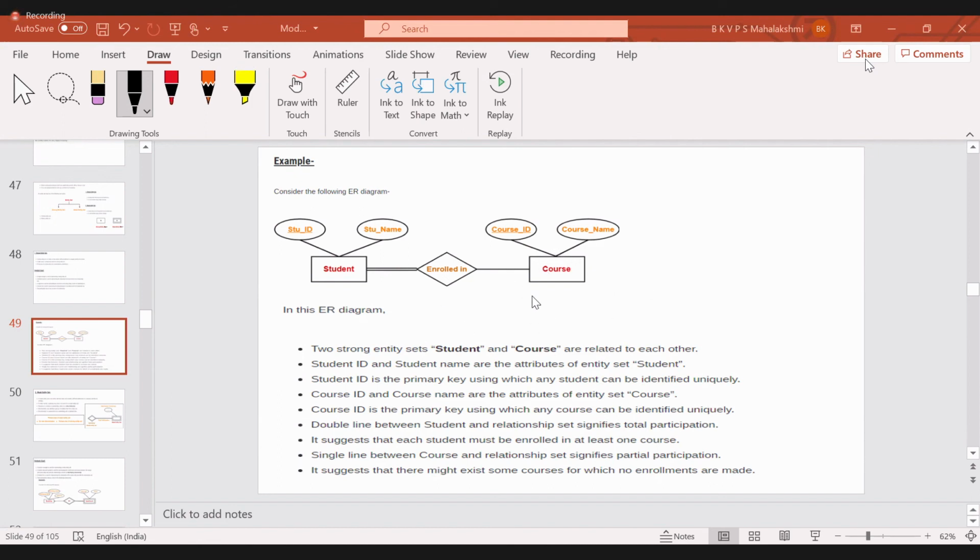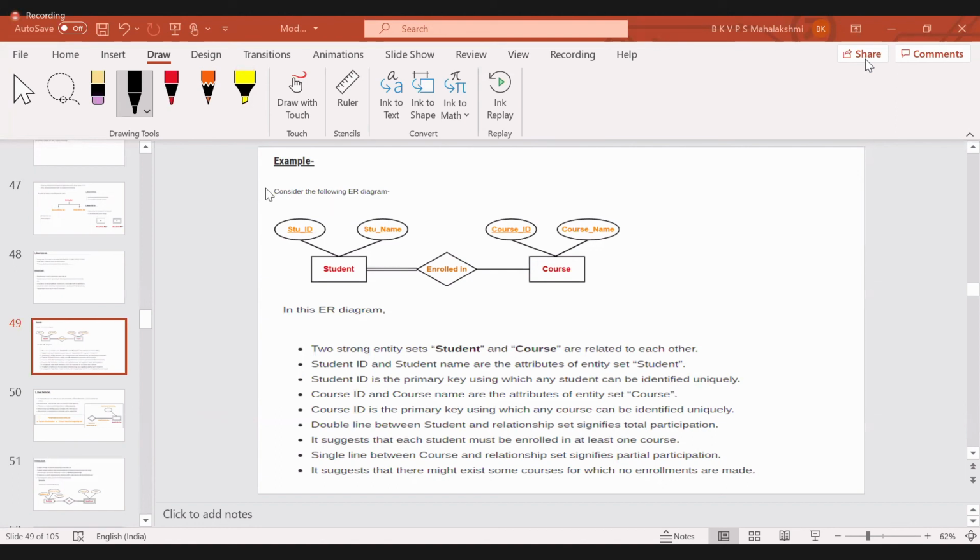But maybe a few courses may not be enrolled in by any student. That is why there are not two lines between the course and enrolled in. Am I right? Do you understand? Students, if you have doubts, ask me here. It is a bit complex. Understood? Yes, ma'am.